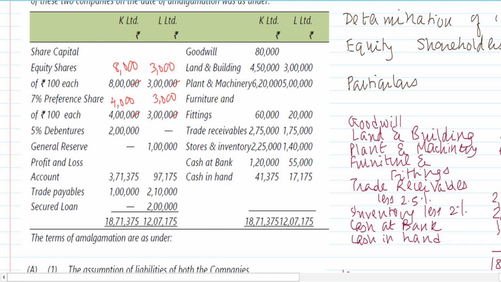So what we will do is we will prepare only the important accounts. We will not open an account for every asset and every liability. We will rather open the realization account. We will open the purchasing company's account, and of course the preference shareholders and the equity shareholders account, so that we can settle the shareholders and thereby close the books.